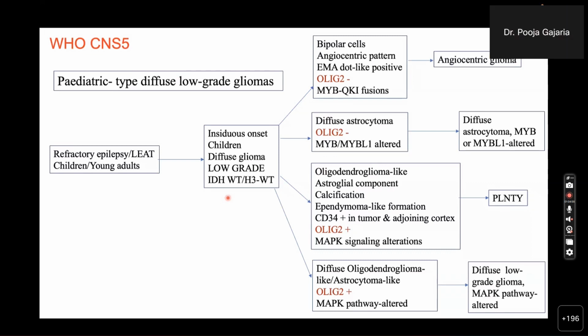So, to summarize, here the main thing is identifying a low-grade tumor compared to a high-grade tumor. So, all the features that make it low-grade in terms of cellularity and proliferation and so on.